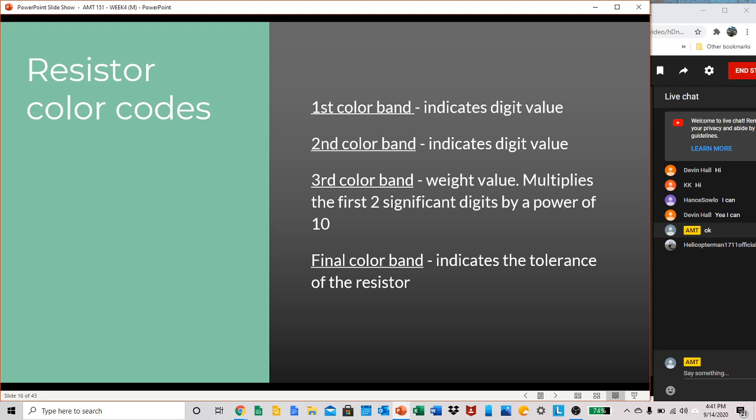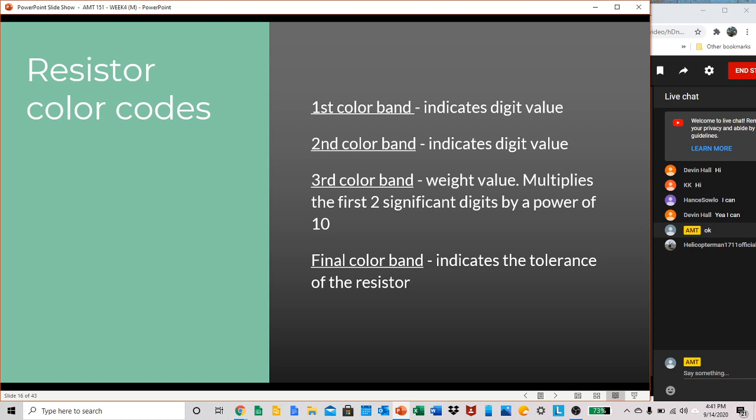First of all, the first color band indicates a digit value, a single whole number digit value. The second color band is the same. It indicates another whole number digit value. A third color band indicates a weight value. This color band is what's called your multiplier.